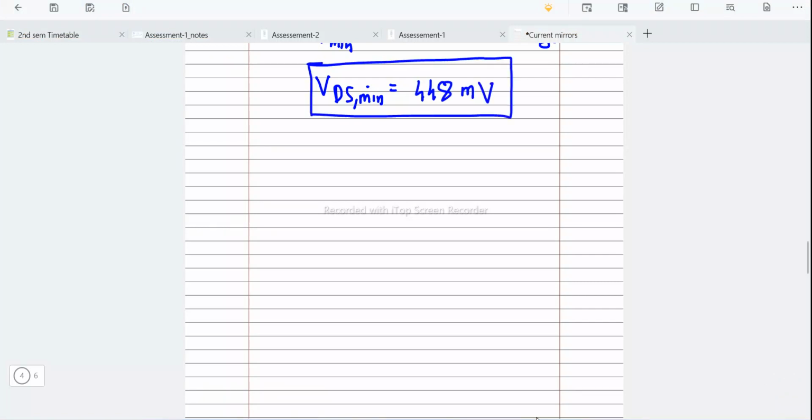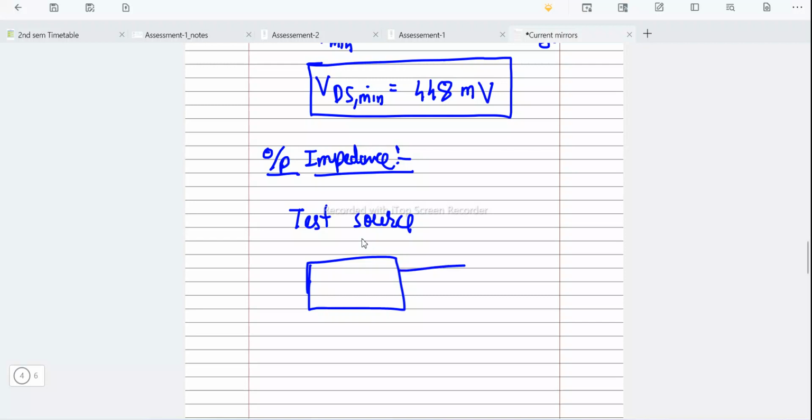Now we shall determine the output impedance of this simple current mirror. One of the methods is the test source method, where we give a test source voltage at the output. For this simple current mirror, we shall give a test source voltage Vx and find Ix.